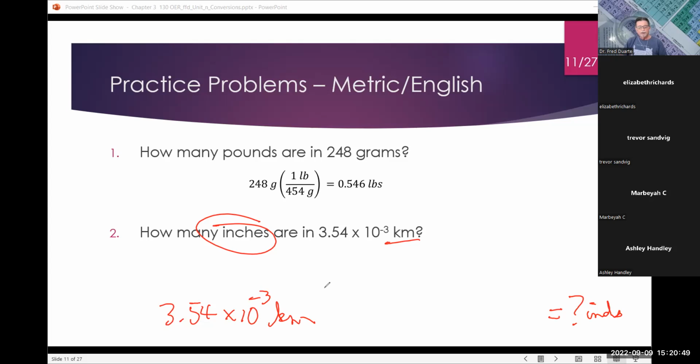And so I need conversion factors to get me out of kilometers, because I know that 1 inch is equal to 2.54 centimeters, for my conversion factor. And I also know that 1 meter is equal to 100 centimeters.